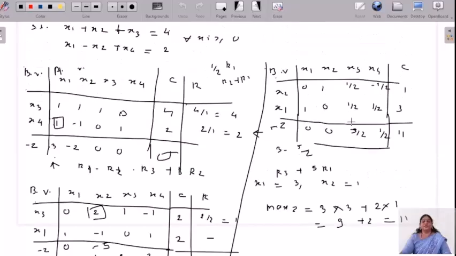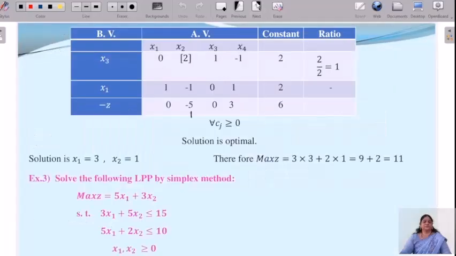This is our last table. Therefore the solution is x1 is 3 and x2 is 1 and value is 9 plus 2 equal to 11.